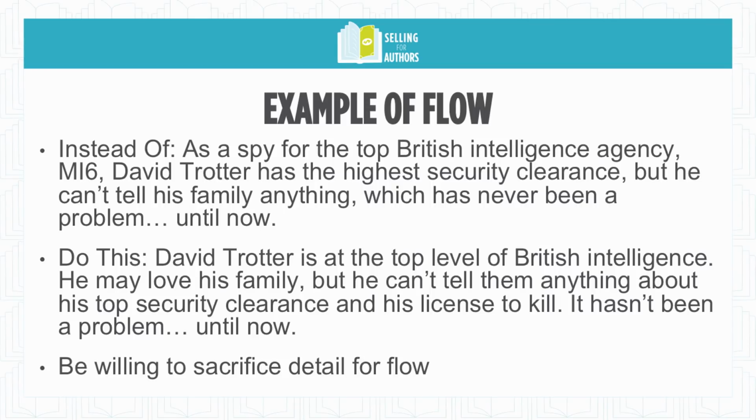So we put a period after intelligence, which emphasizes things like family, which emphasizes his license to kill, and that nice little pause before it hasn't been a problem until now really emphasizes that last turnaround at the end of that paragraph. So do not try to stuff everything into one sentence. My rule of thumb, 1 comma per sentence in your book descriptions. If you need to do 9 clauses in your description in one sentence, it's probably got too many ideas. Make it easy on the reader.